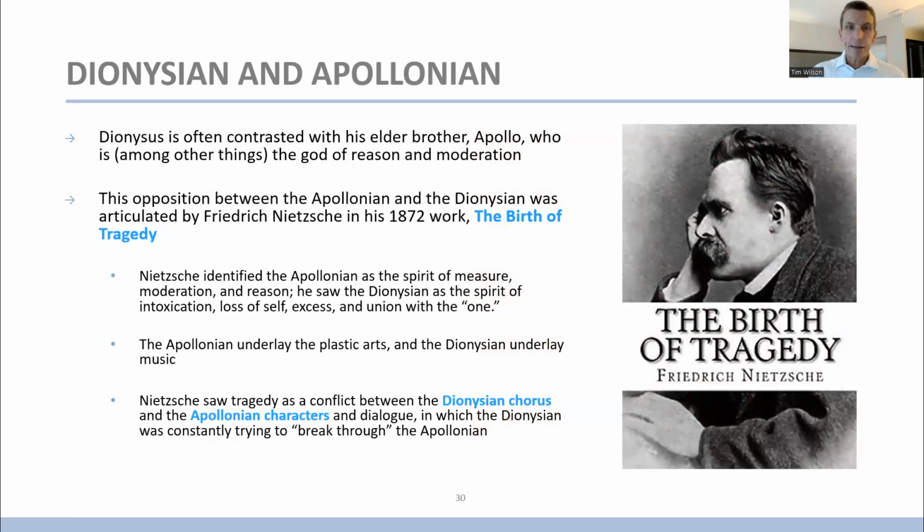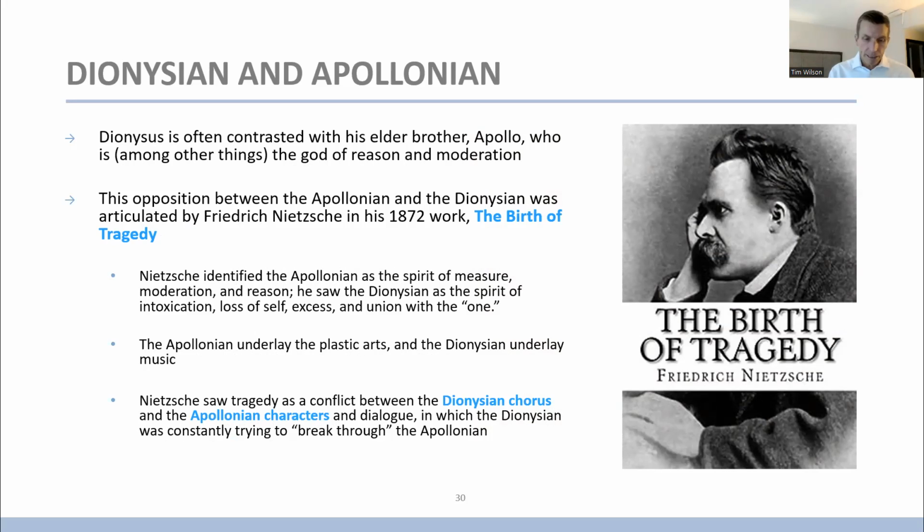So Nietzsche identified the Apollonian as the spirit of measure, moderation, reason, and he saw the Dionysian as the spirit of intoxication, the loss of self, excess, and a union with the one. And Apollo underlay the plastic arts, so sculpture, those types of things, and Dionysus underlay music.